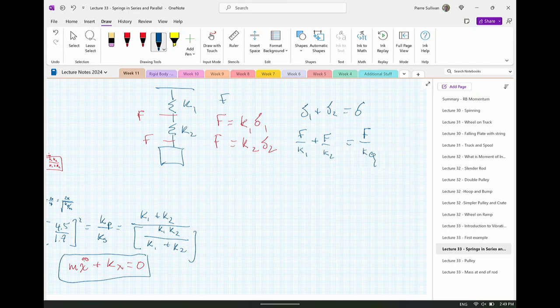Force over K equivalent. Rearranging terms, I can write 1 over K1 plus 1 over K2 equals 1 over K equivalent. And I end up with K equivalent equal to K1 K2 over K1 plus K2.